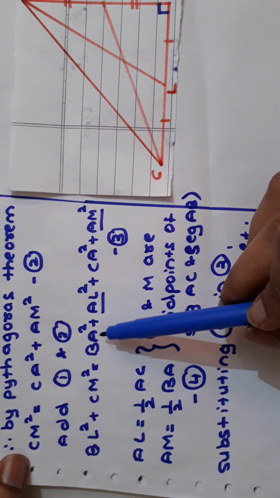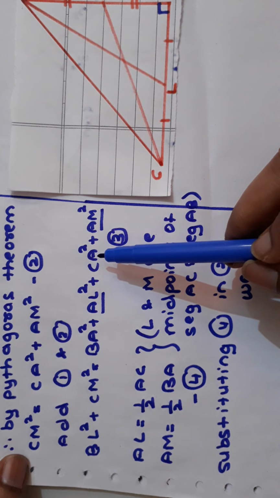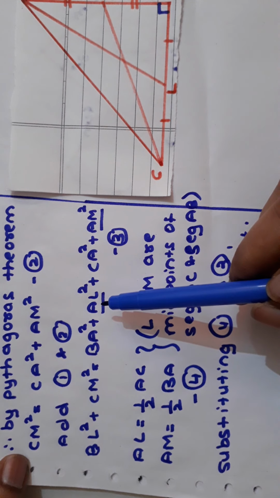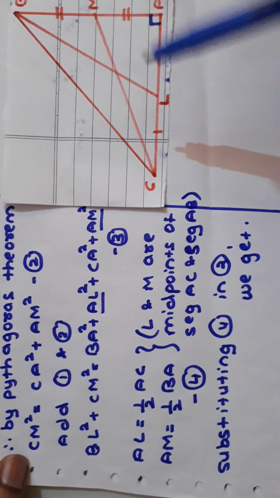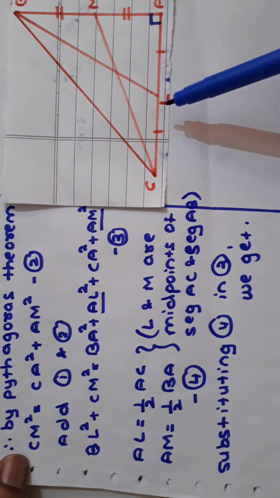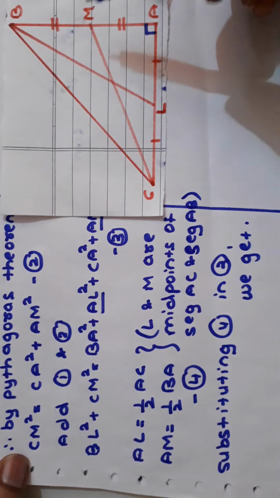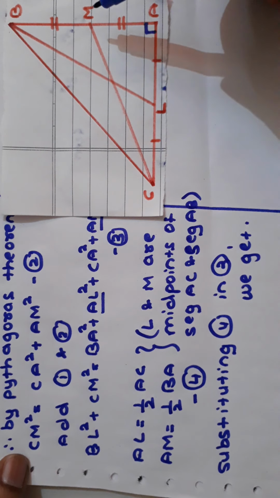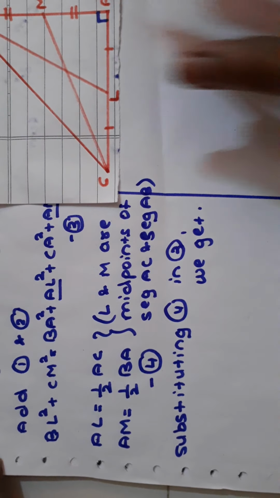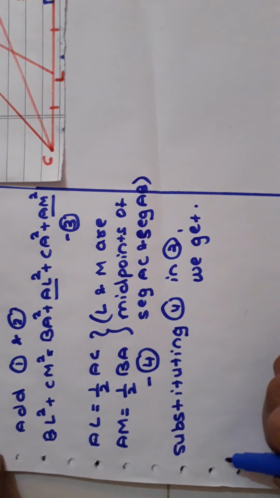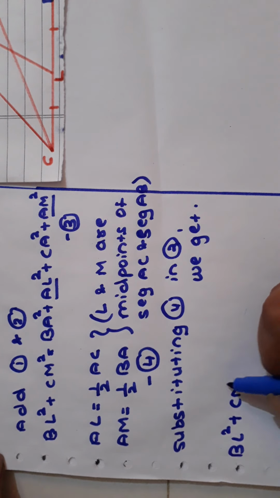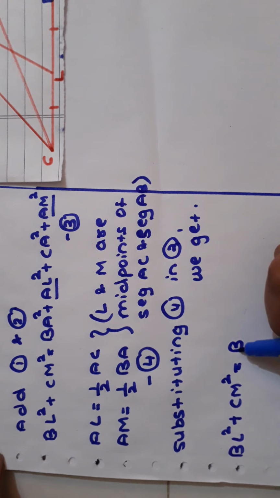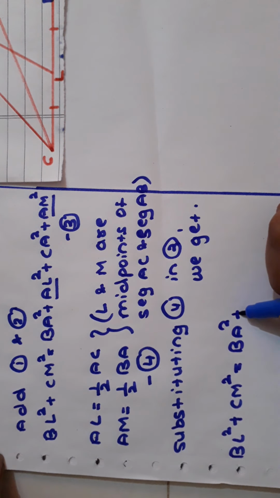So I already have BA square and AC square on the right hand side. I don't need the terms AL square and AM square. But AL is half of AC because L is a midpoint, and AM is half of AB because M is a midpoint. So substituting we get BL square plus CM square is equal to BA square.